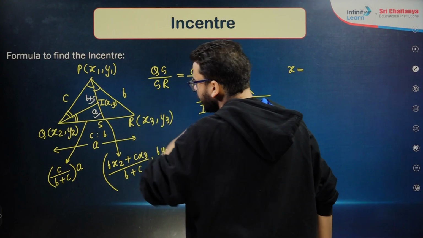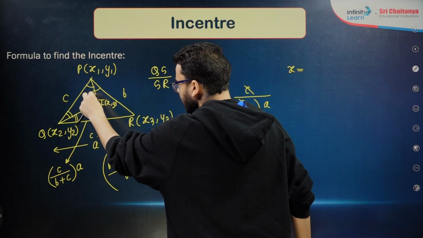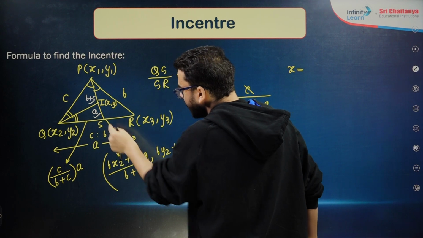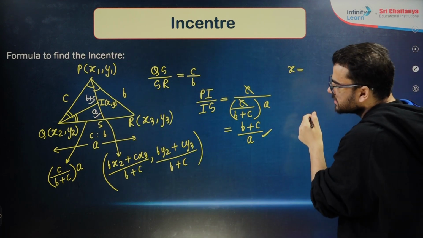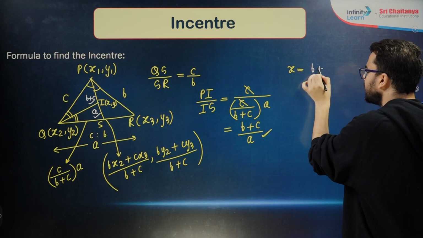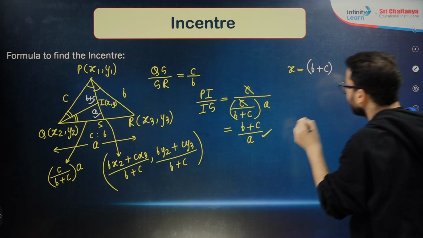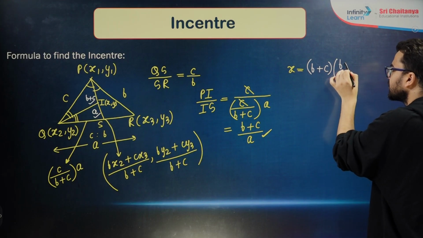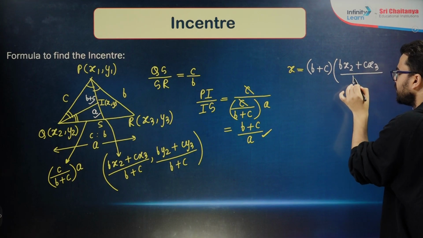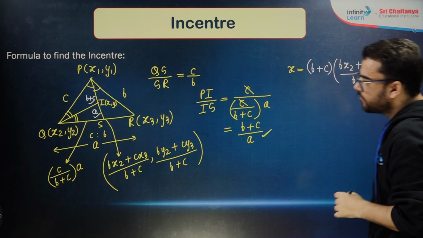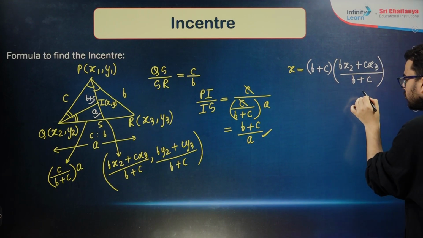So x will be what? If you use the section formula, it will be this into this x coordinate, then this into this x coordinate. So that will be B plus C into, see that very patiently, B plus C into the x coordinate of this point, which is Bx2 plus Cx3 upon B plus C, and then A into x1.